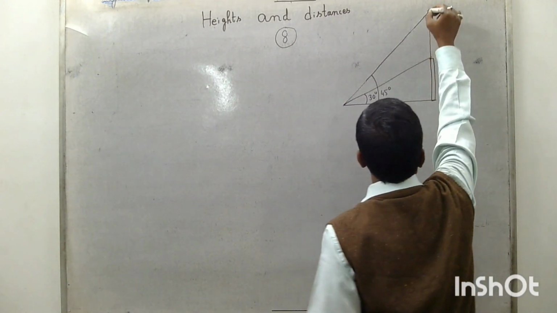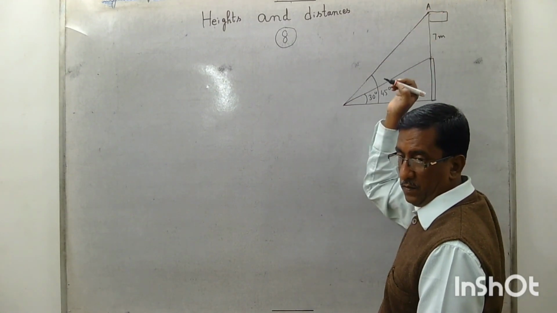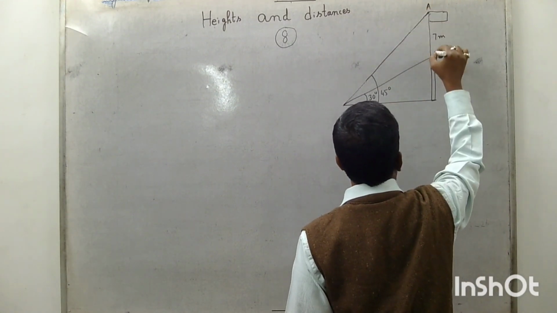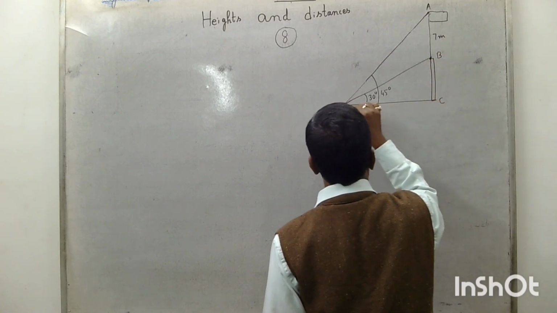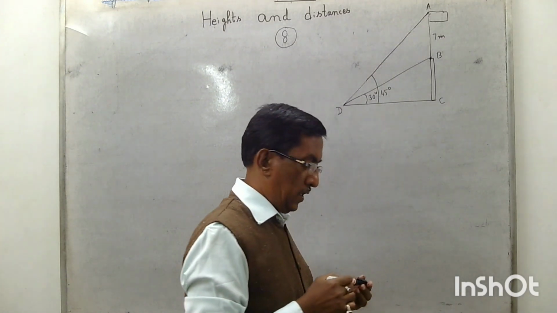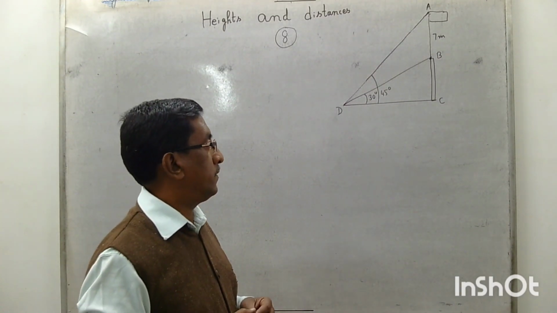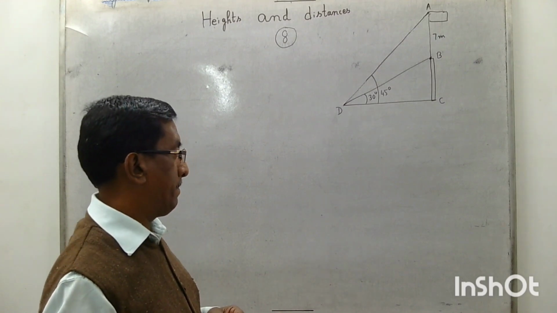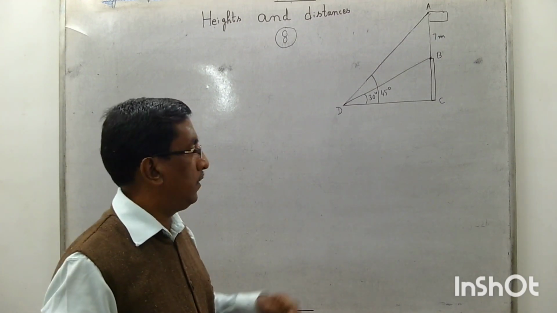So this is A. Is it visible? Yeah. A, this point is B, this is C, and this is D. AB is a flag staff. It is kept on the top of a tower. The tower is BC.